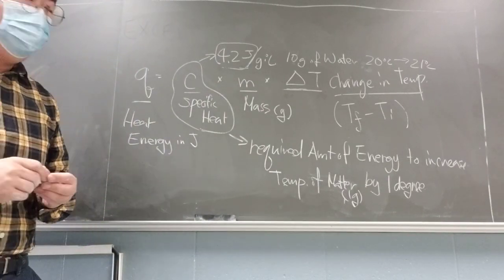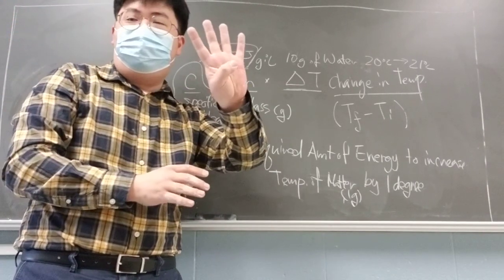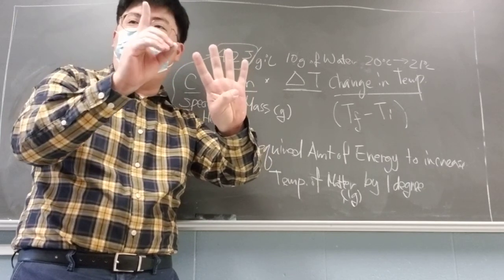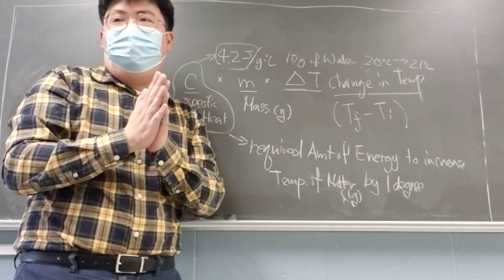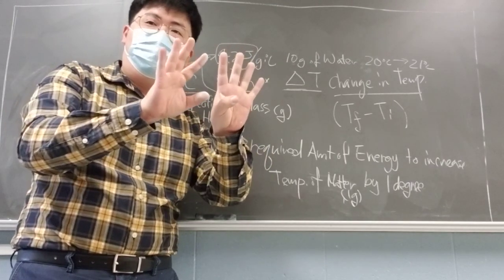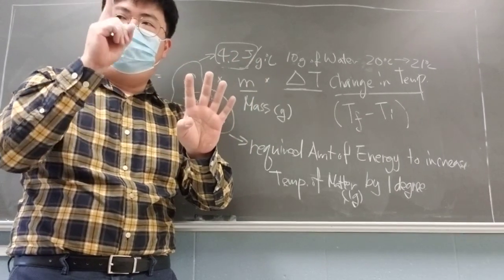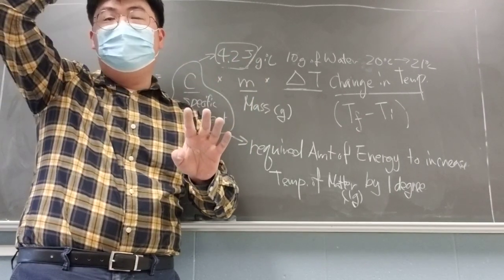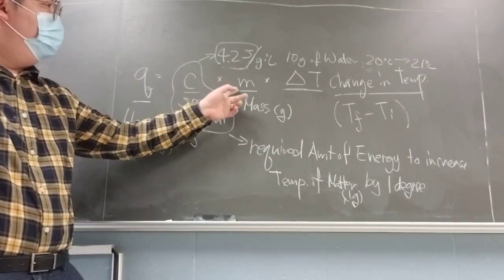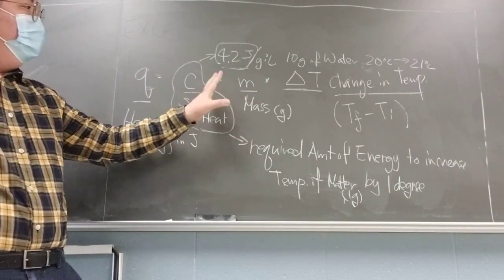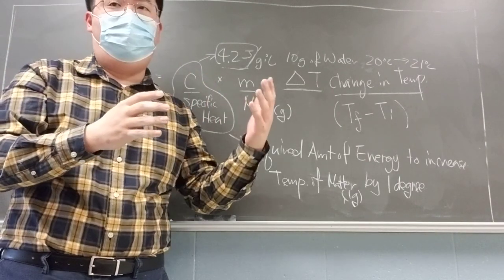It makes sense, right? So, for example, if you need 4 joules of energy to increase 1 gram by 1 degree, you need 8 joules to increase 2 grams by 1 degree. So you can multiply that by the mass in grams. That will tell you how much energy is required there.